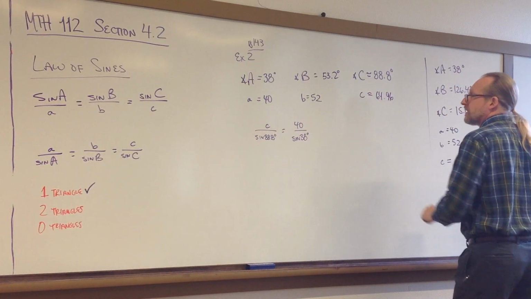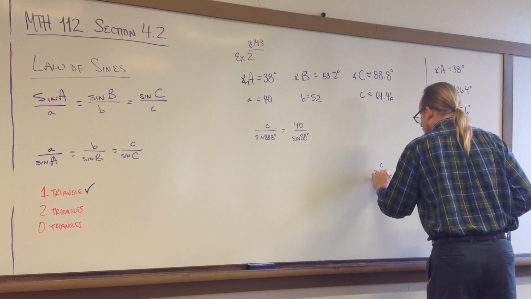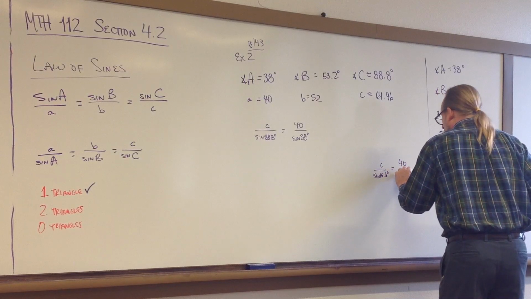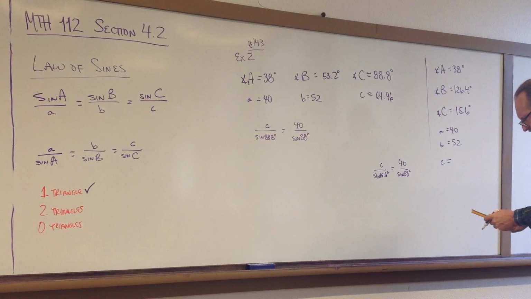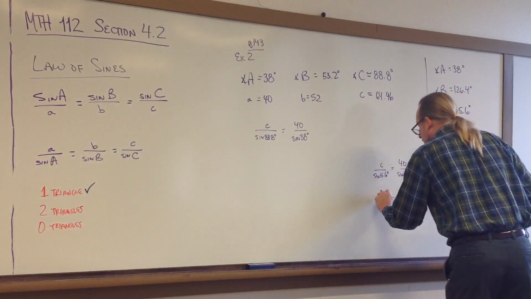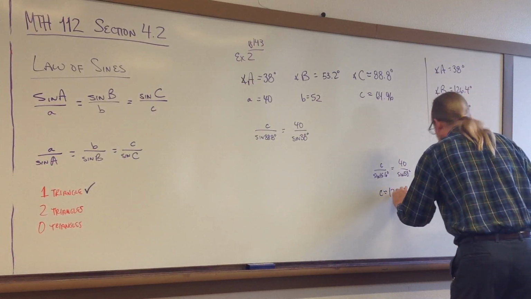For this one, let's see, we say C over the sine of 15.6 degrees equals 40 over the sine of 38 degrees. Okay, times the sine of 15.6, and that tells us that C is approximately 17.47.